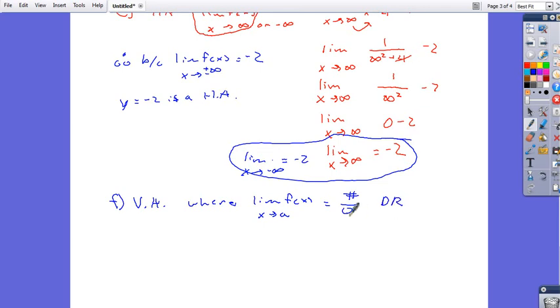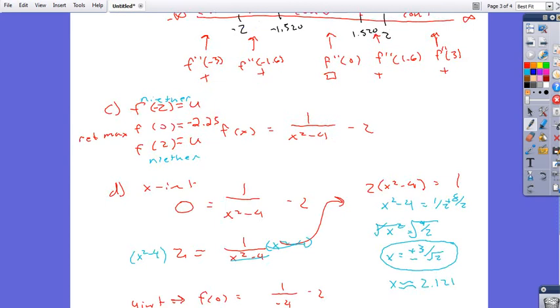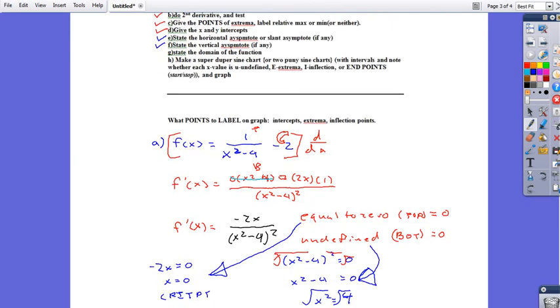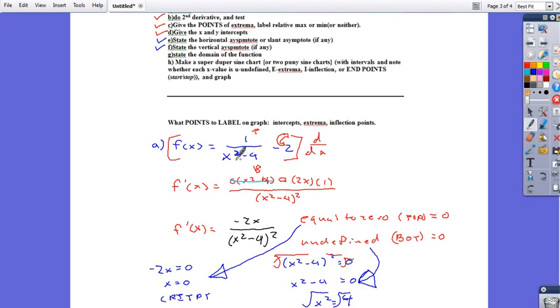You can tell by looking at the original function right here what's going to make this a number over 0? Well, 2 and negative 2.